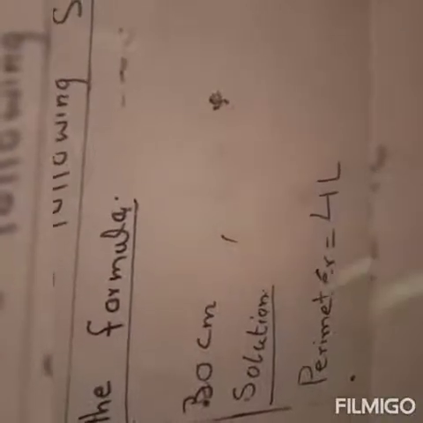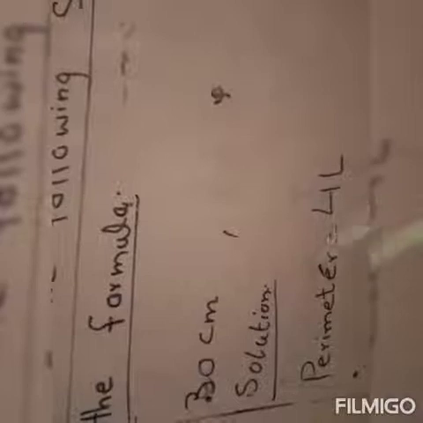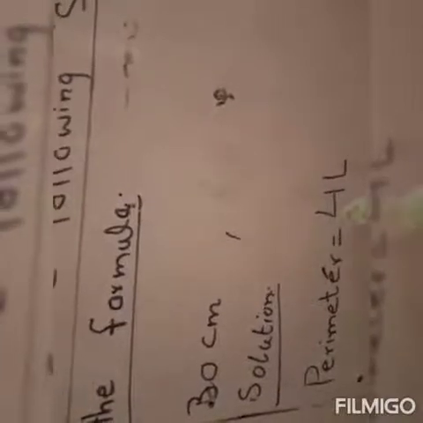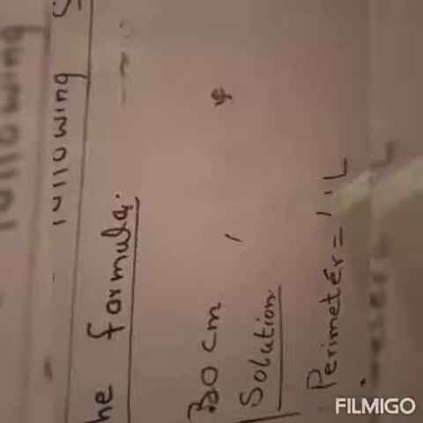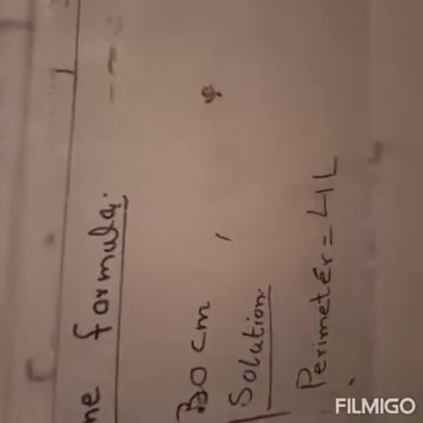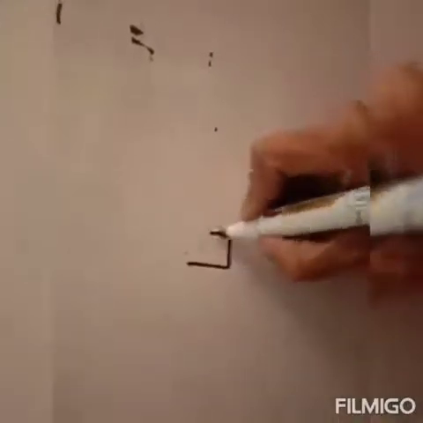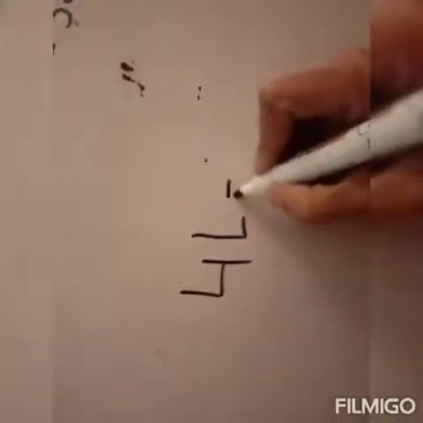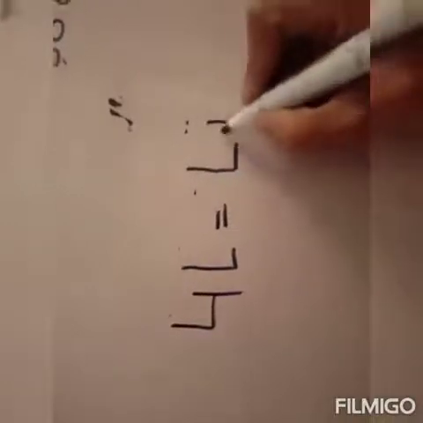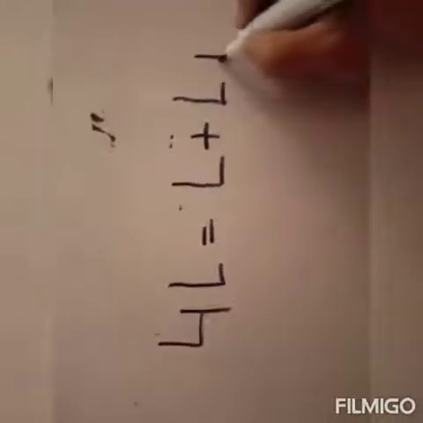So perimeter is the total length of a shape. That's why we will add four sides, or we will multiply the length by 4. Because 4L means L plus L plus L plus L, the sum of all four sides.